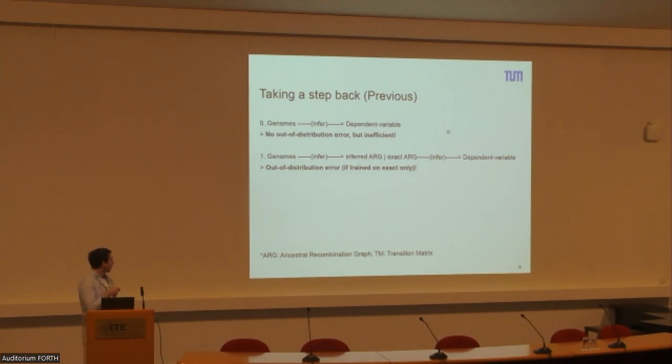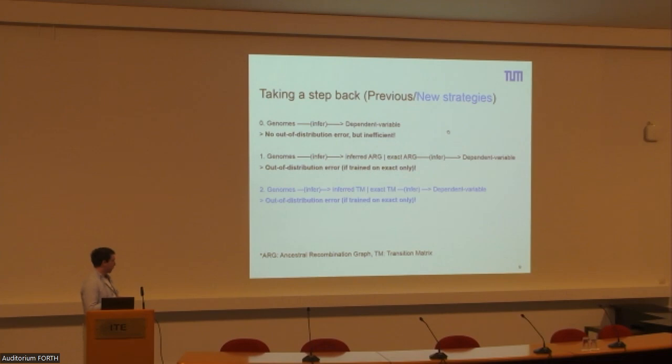But this runs into an out of distribution problem, because the inference error will just mess up the downstream neural network for the inference. How this could be addressed is simply by training only on inferred ARGs. But since it's very costly to infer ARGs, it might only become feasible in the future.